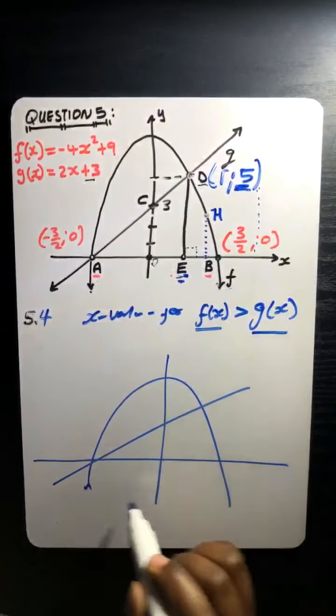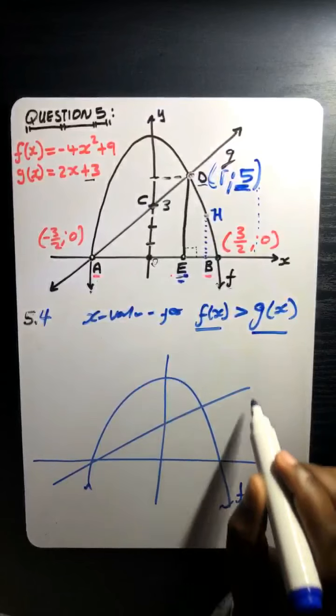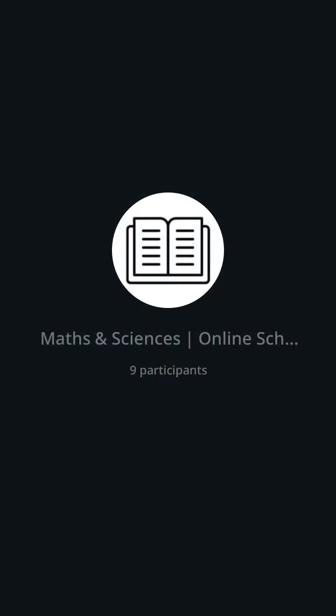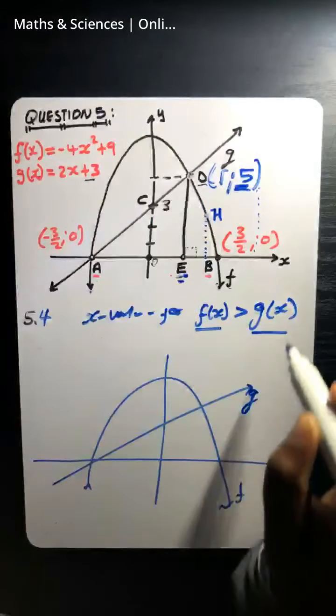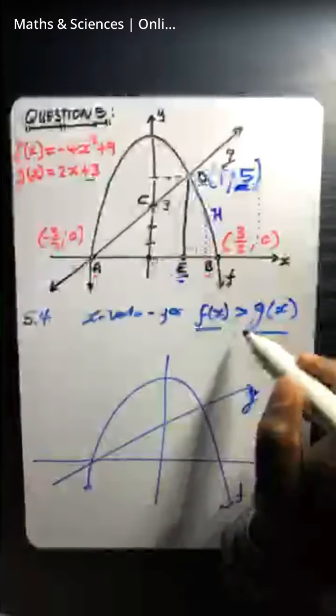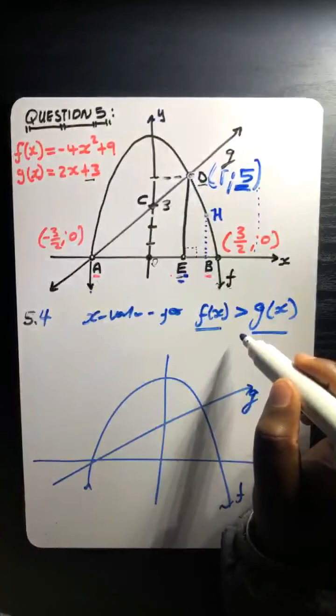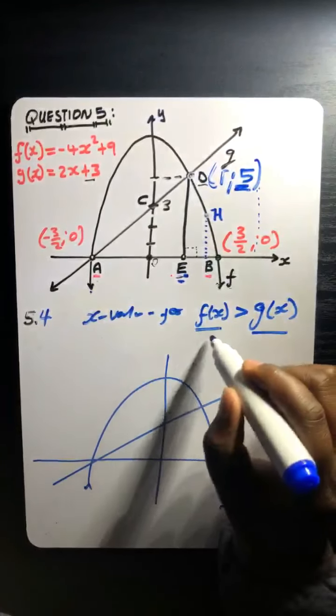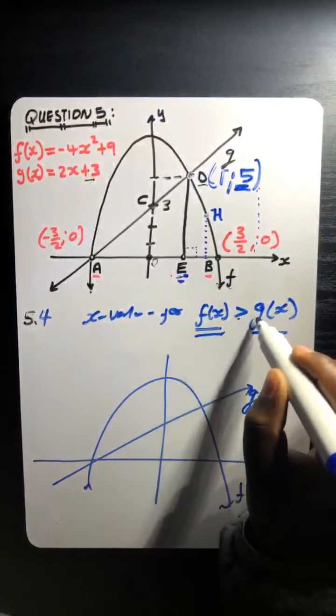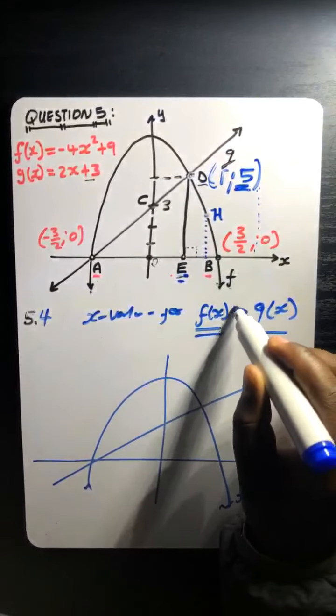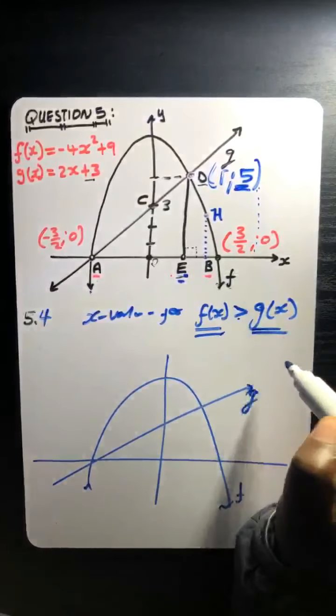So this is the graph of f, this is the graph of g. When you interpret this inequality, it is saying at which x values do you have the graph of f above, or obviously greater than, g of x.